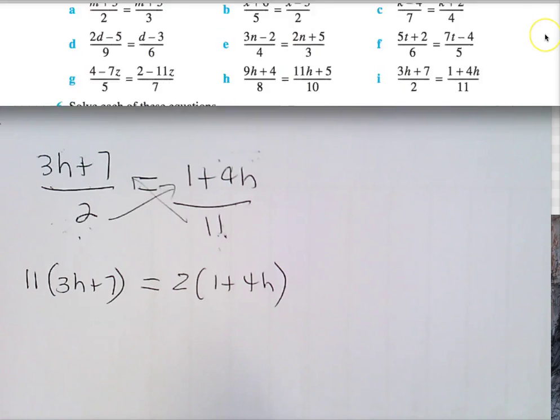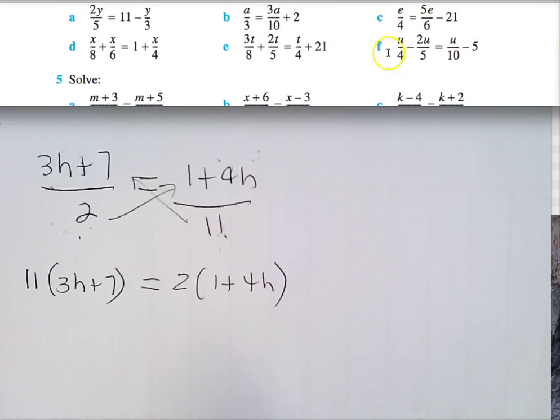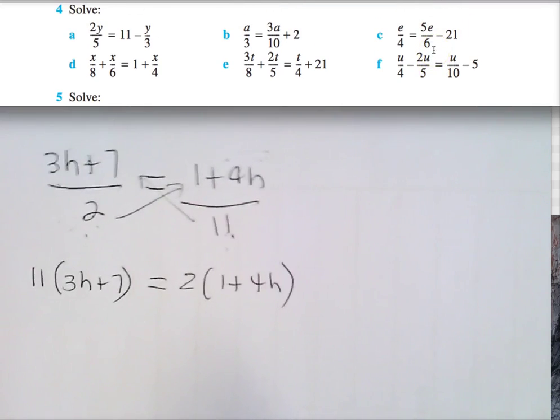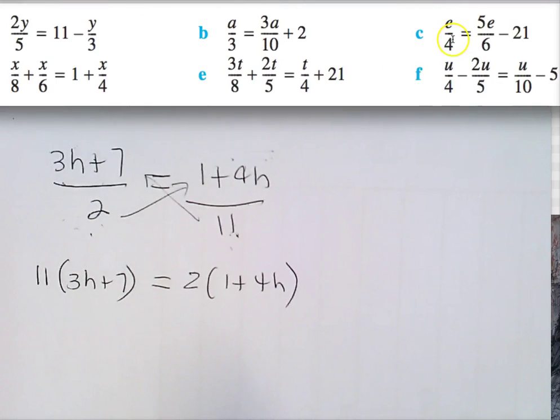If I look at the questions before, look at this. I've got fraction minus fraction equals fraction minus whole number. That is not fraction equals fraction. Don't cross multiply with the one I've just highlighted. Do you see? That's why question E is a really good one to show you why.